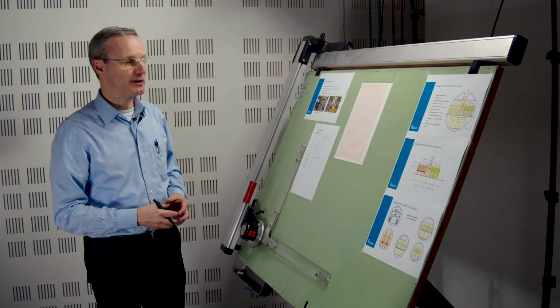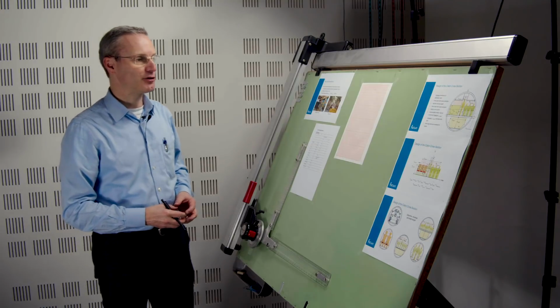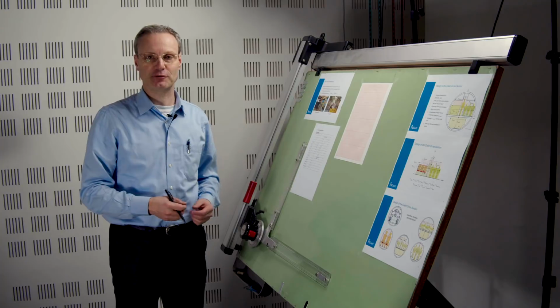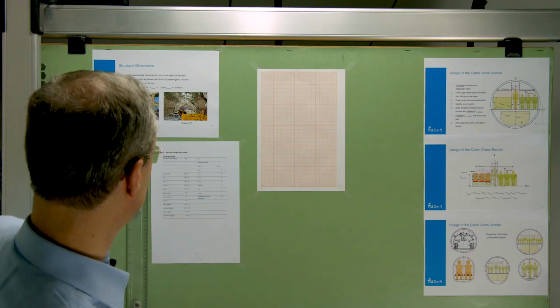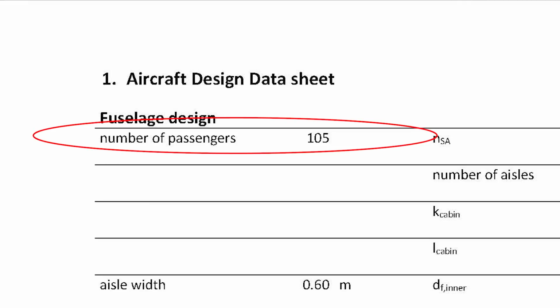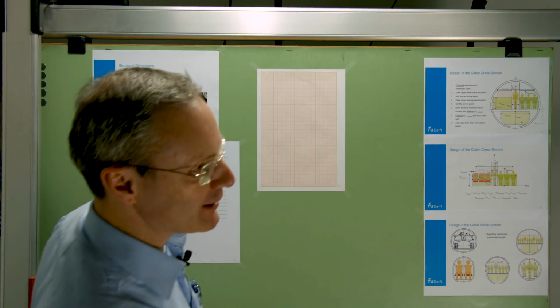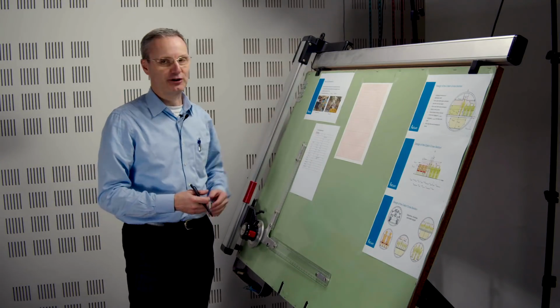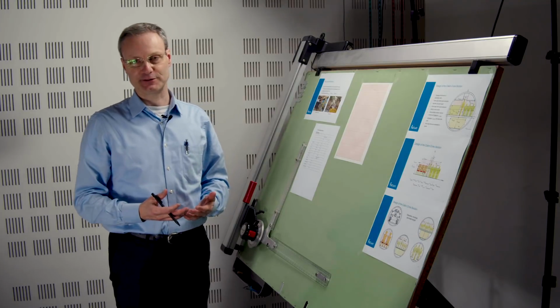To determine how many seats we have, we first need to calculate the number of seats abreast. So that's where we're going to do a first calculation. What we need to do is take a look at the number of passengers and plug that number into the formula. There's this formula with the square root, and you'll figure out that the seats abreast is a little over 4.5.